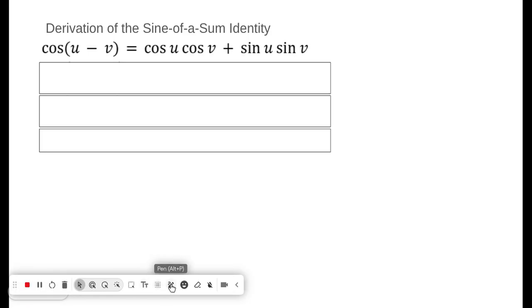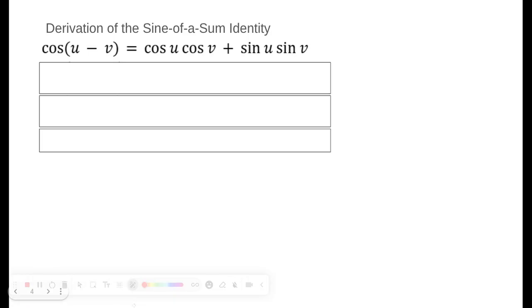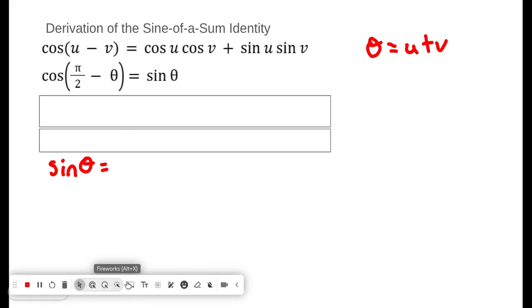Let's start off by saying that theta equals u plus v, so that'll be the sum of two. So we'll take the sine of theta, and we're going to use one of our cofunction identities.